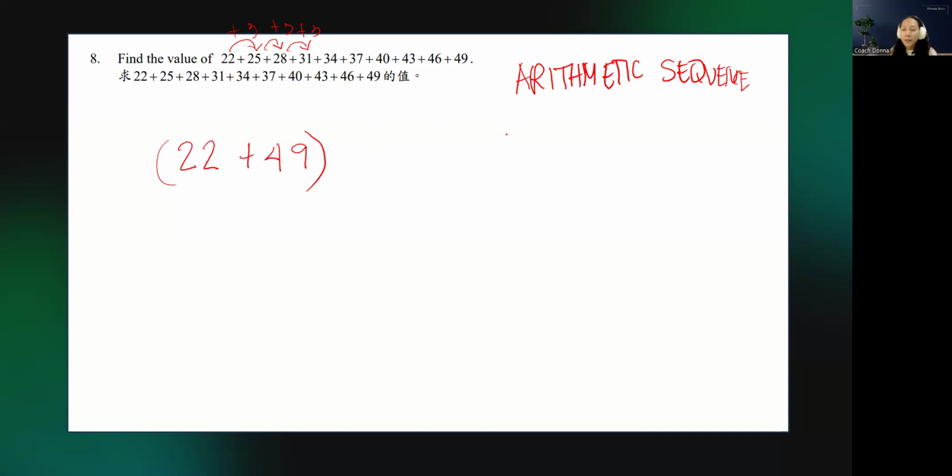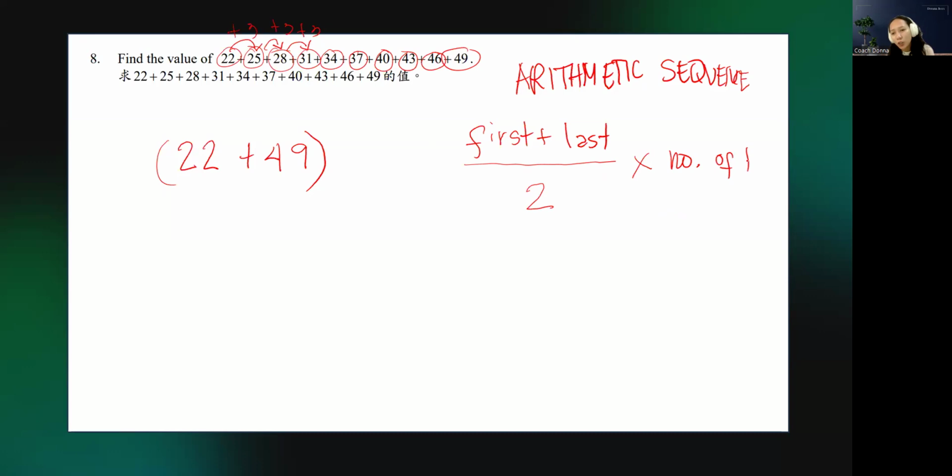So the general formula would be, let's write it down: first plus last, divided by 2, multiply it by the number of terms. 1, 2, 3, 4, 5, 6, 7, 8, 9, 10. So, times the number of terms or the count of numbers.